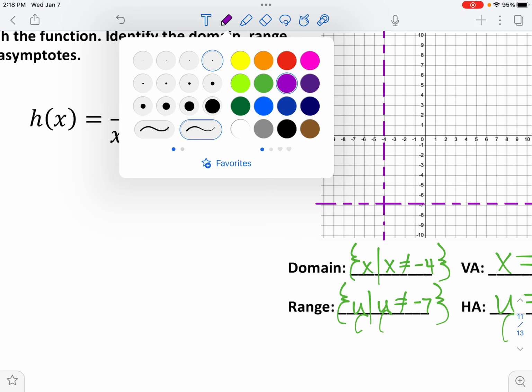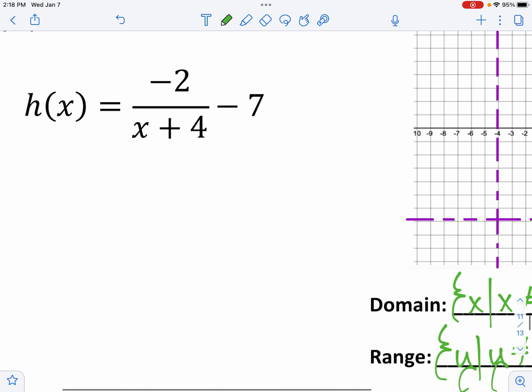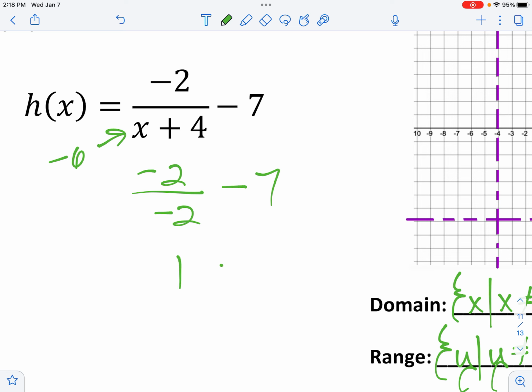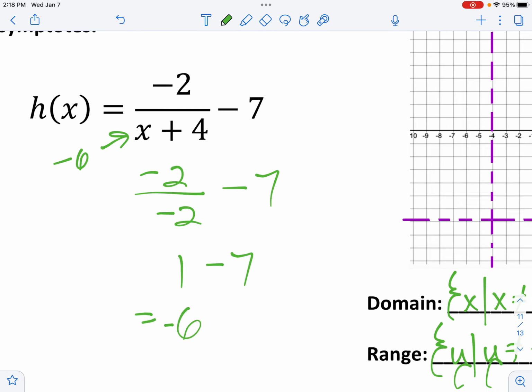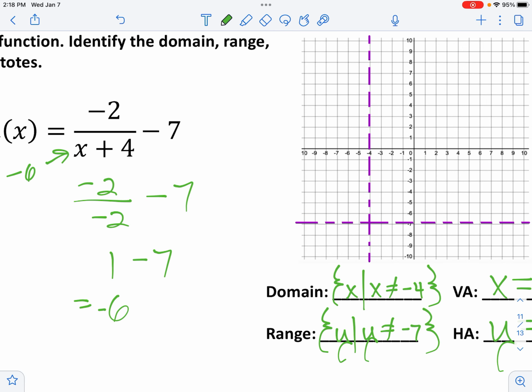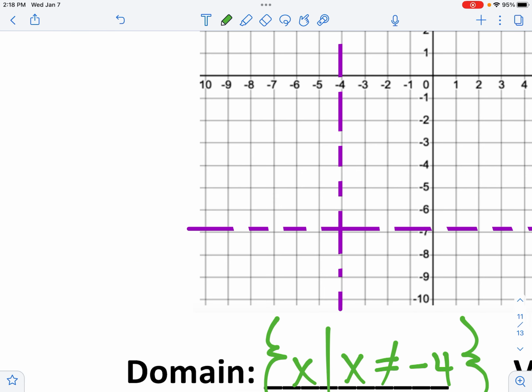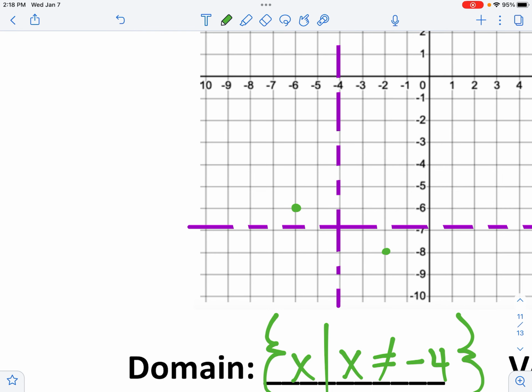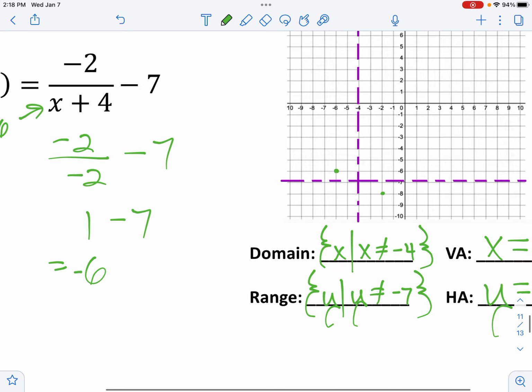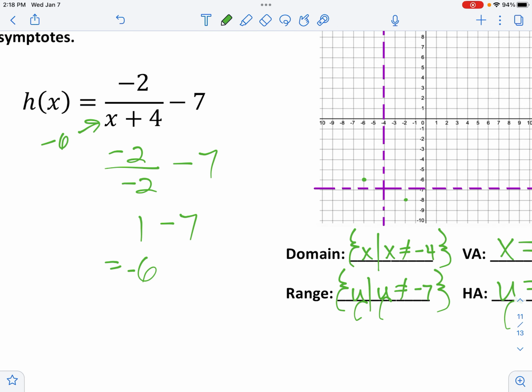All right, so if I put -6 in here, this would be -2 over -6, which is 1 third... so I get 1 minus 7, -6. So I get -6, -6. And it's likely to be the case over here too.